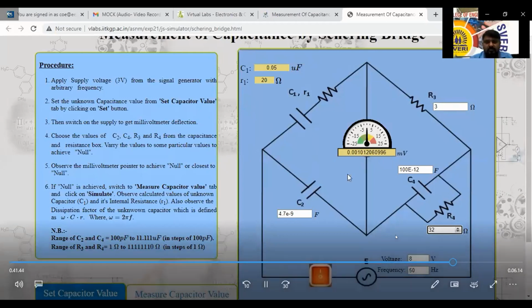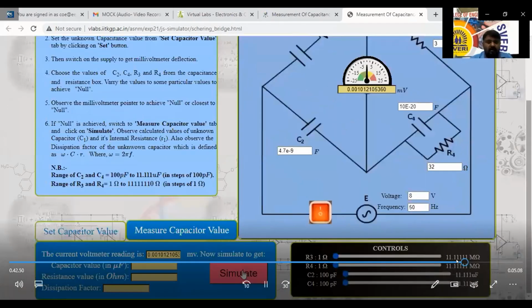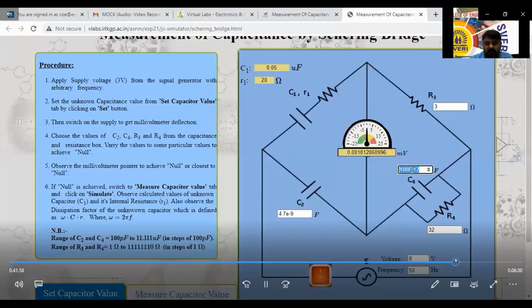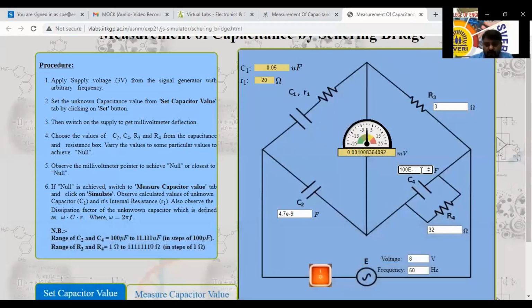Here 0.001 is there. I will decrease the calculation. Click on it. Maybe 10, yes maybe 2, 20, 100.